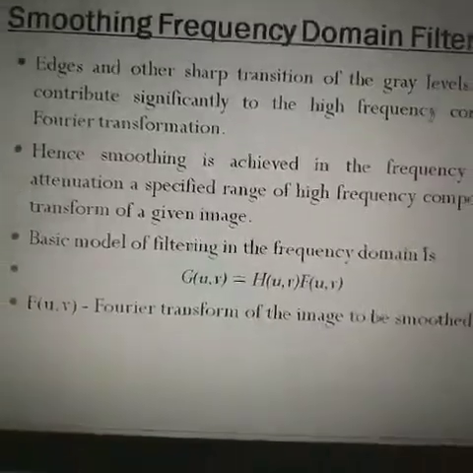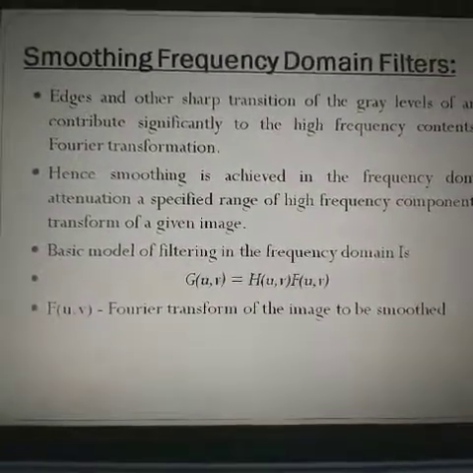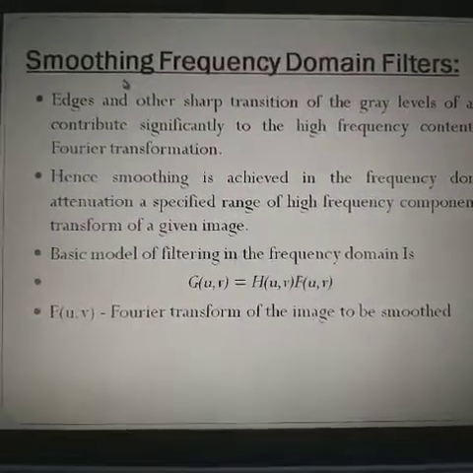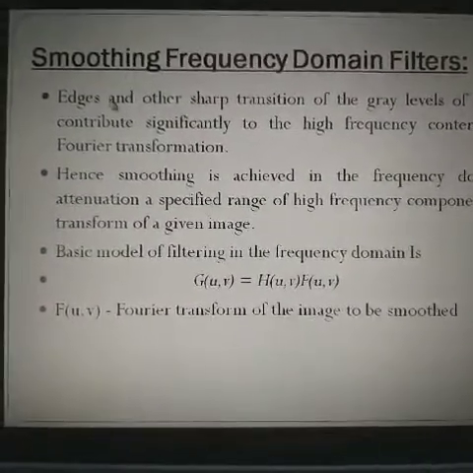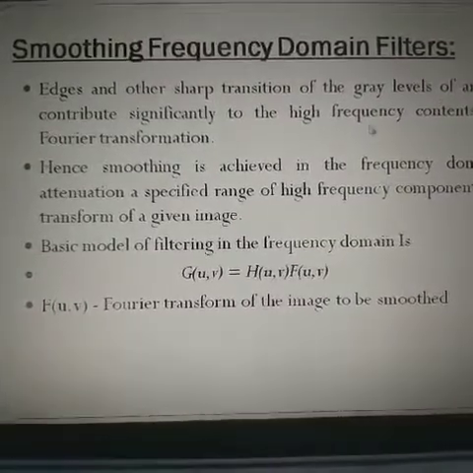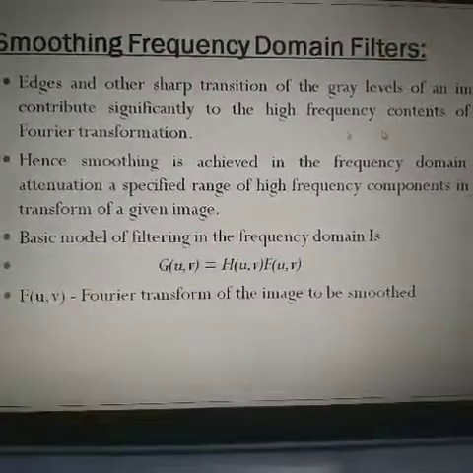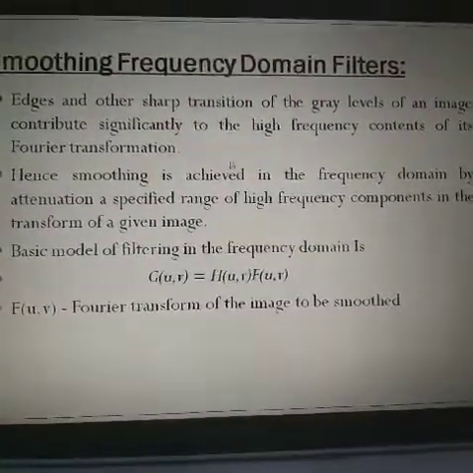So let's start with the smoothing frequency domain filters. Smoothing means blurring an image. Edges and other sharp transitions of the gray levels of an image contribute significantly to the high frequency content of the Fourier transform.